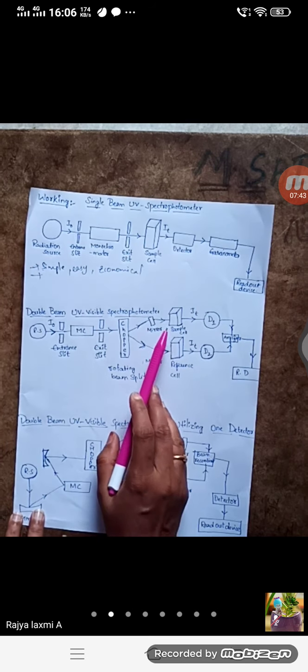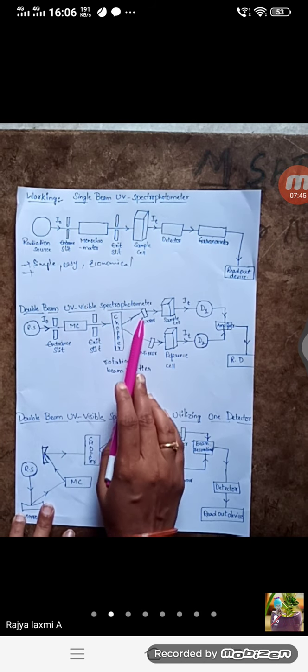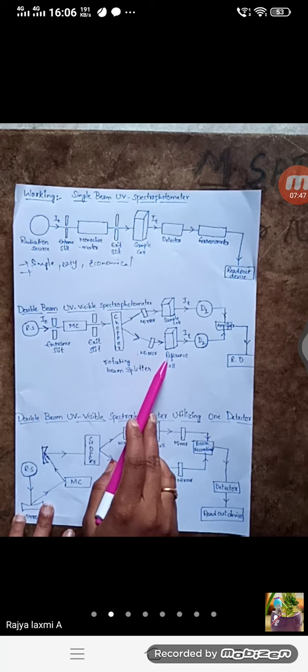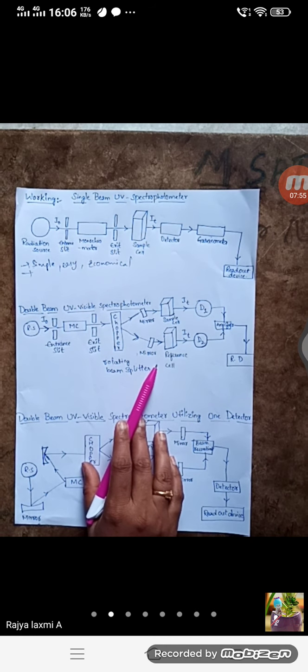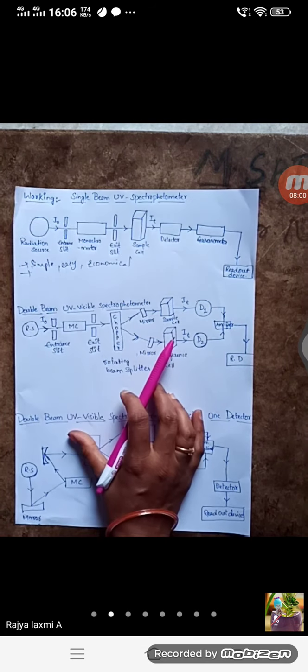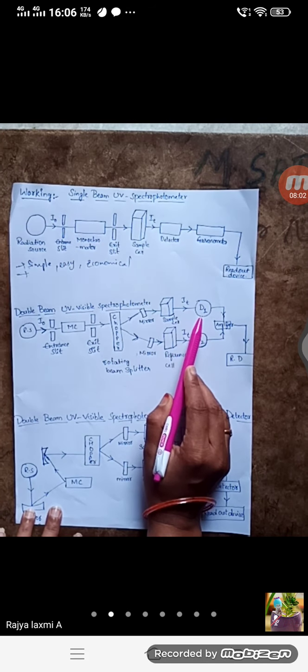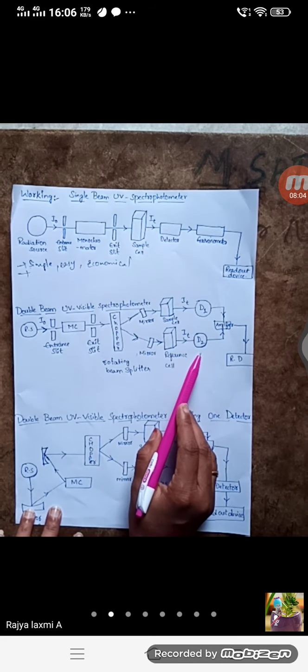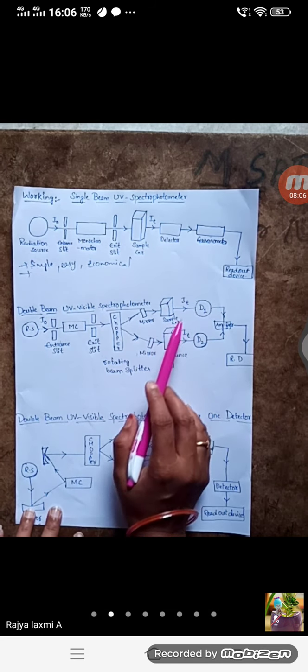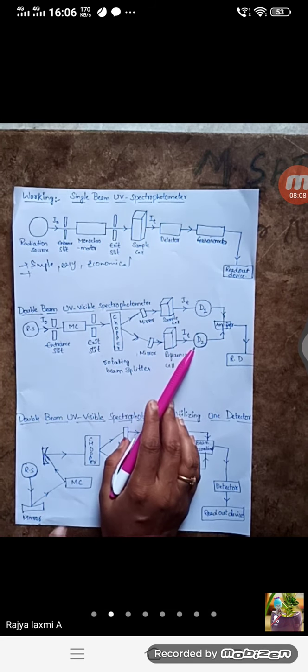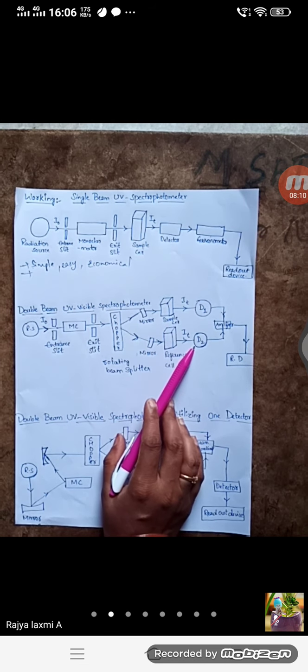After passing through the sample and reference cells, the transmitted lights reach the detectors, detector 1 and detector 2. Since we are connecting two beams, two detectors are used.